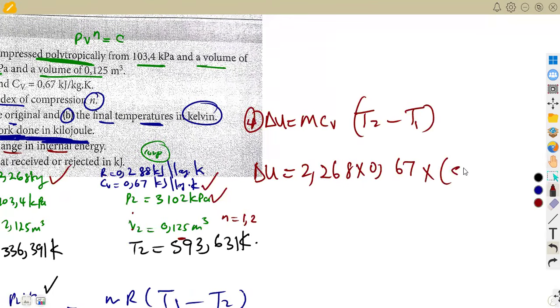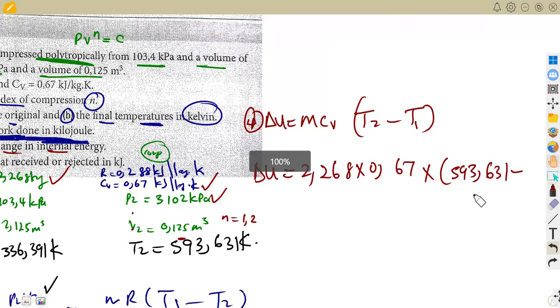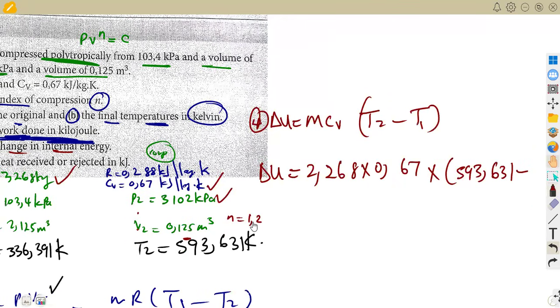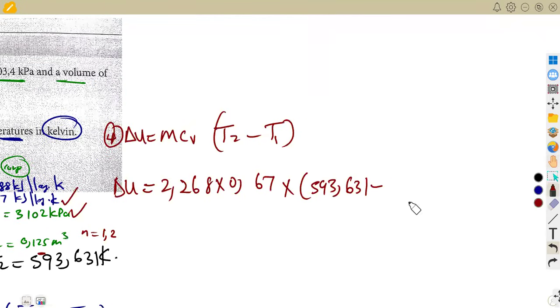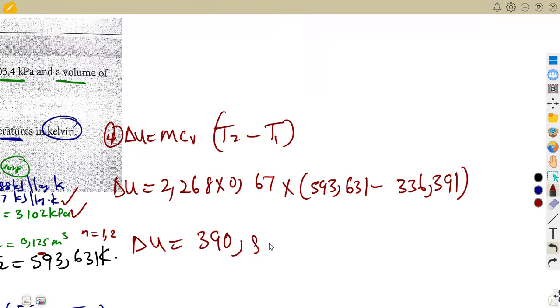So that means we have 593.631 minus T1 at the inlet, we had 336.391. Okay, so that's it. The change in internal energy gives us 390.892 kilojoules. Just like that.